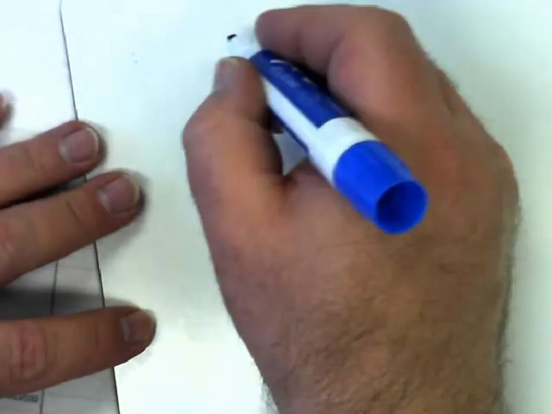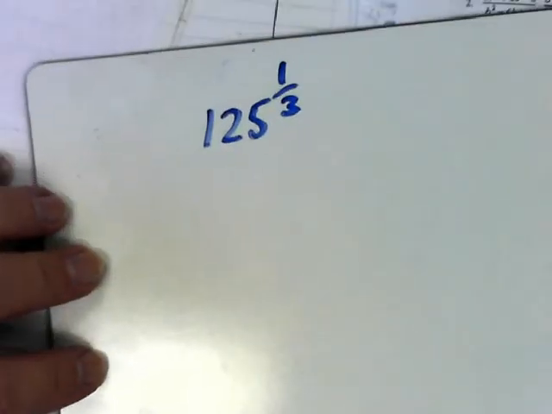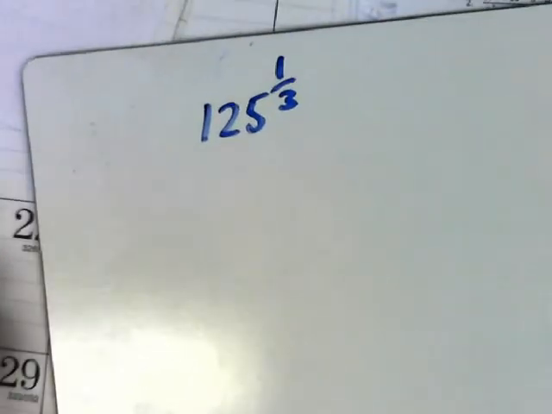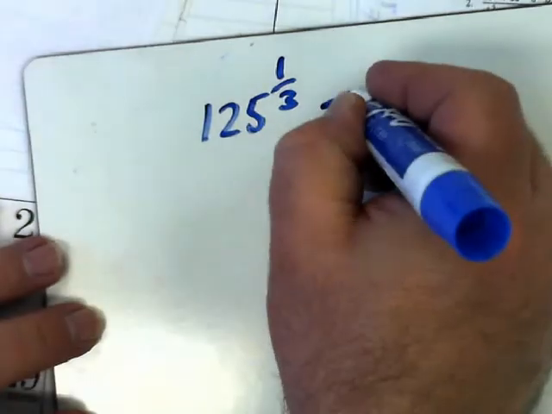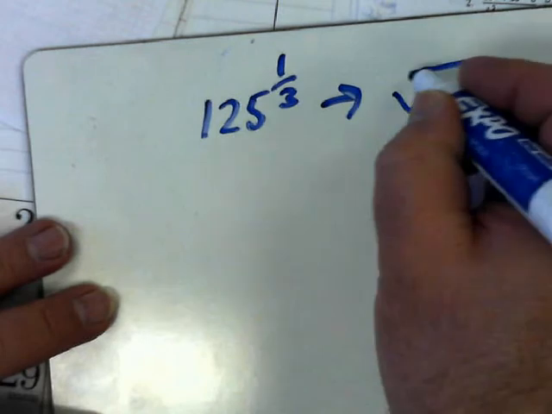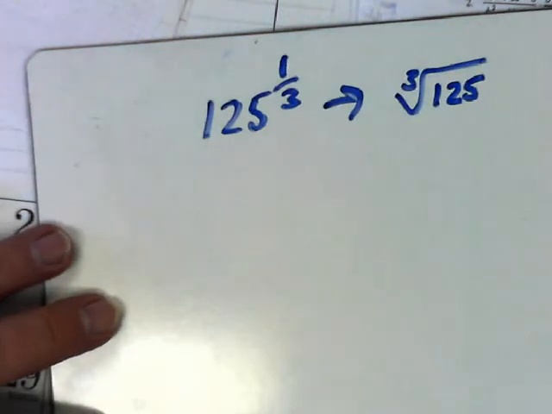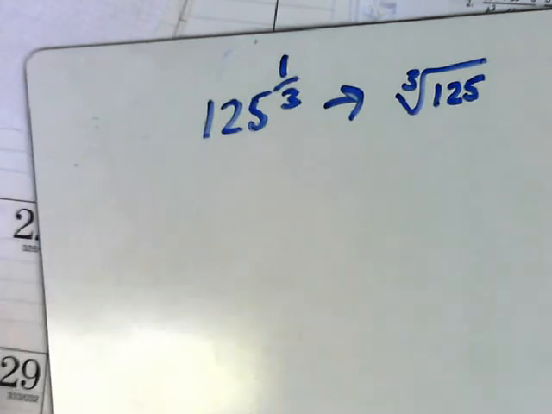So if I wrote 125 to the 1/3 power, and I needed to simplify that, to me that's going to be difficult, isn't it? Written that way. But if I wrote it as a radical, and I wrote the cube root of 125, that means what number times itself 3 times would give me 125?